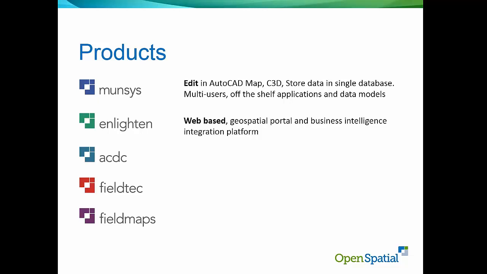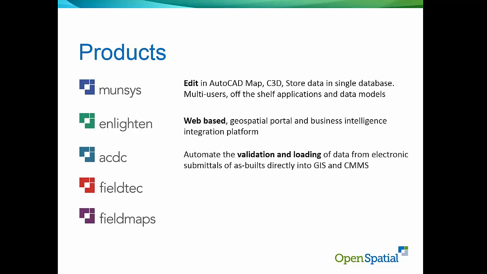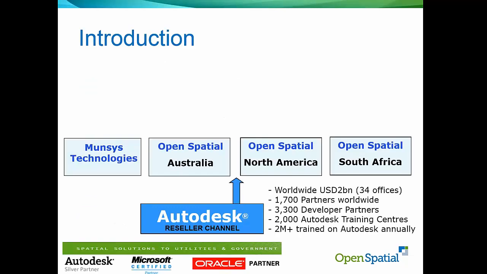This is a web-based interface to the same GIS data that you were editing in Muncis. We have tools for automatically validating and loading data from CAD plans directly into GIS. Then there are work order management solutions and applications for mobile users, data collectors, things you can use on your phone to build out GIS data. Today we're focusing on CAD as opposed to collecting data off mobile units.